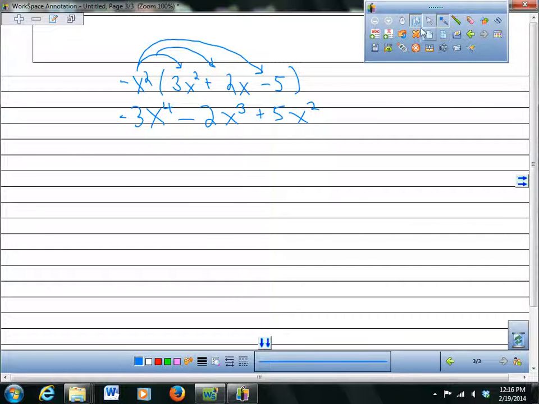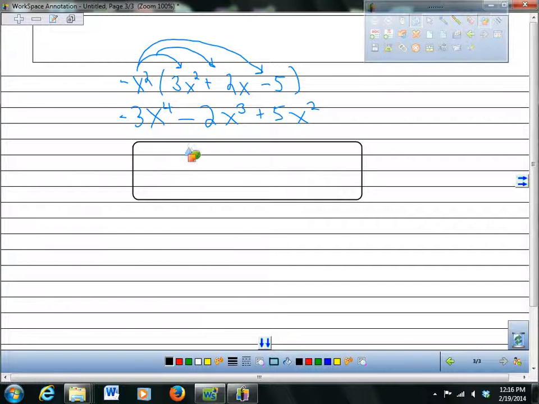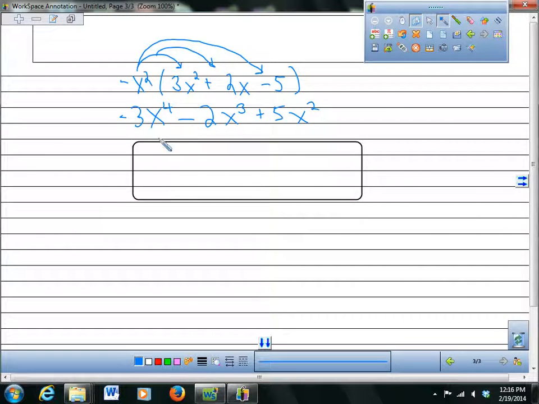So, just to show you, you could have done this with a box as well. So I could have taken a rectangle and divided it up into 3 boxes. Put my 3x squared here, my 2x here, my minus 5 here, and then my minus x squared down here.